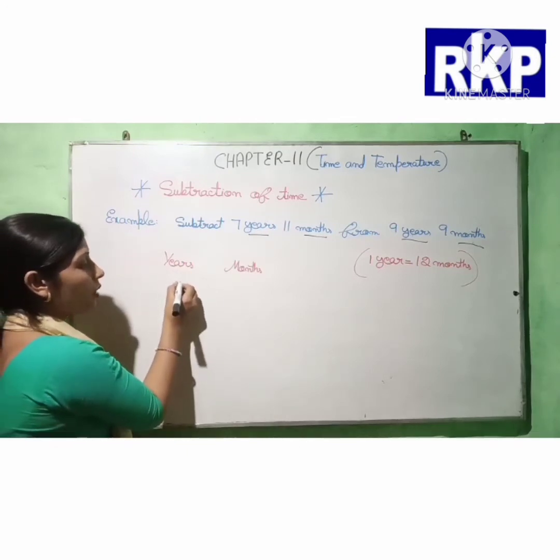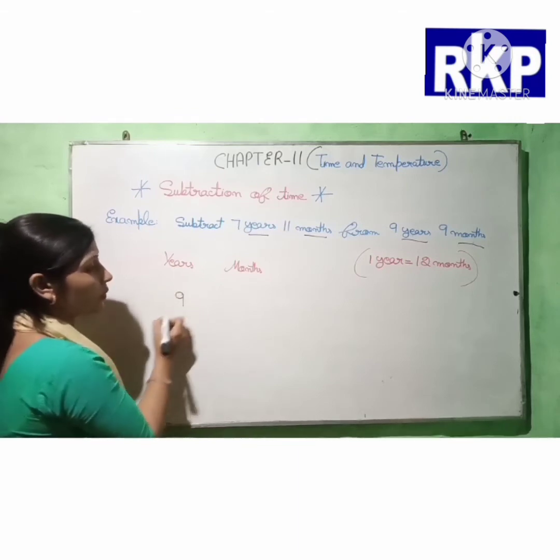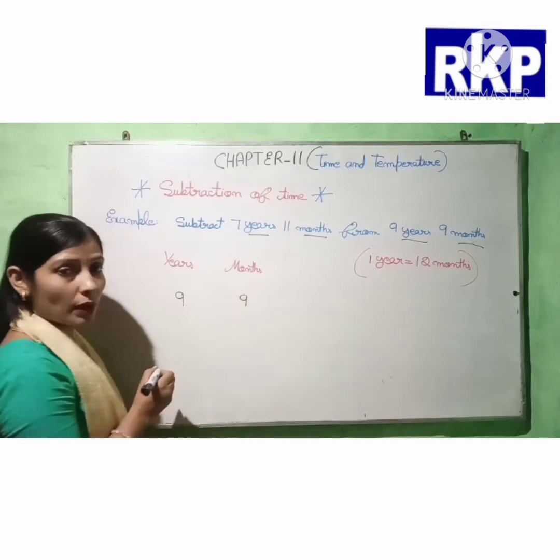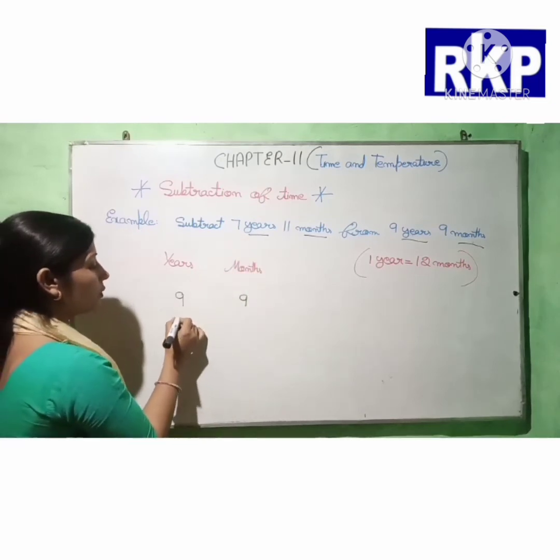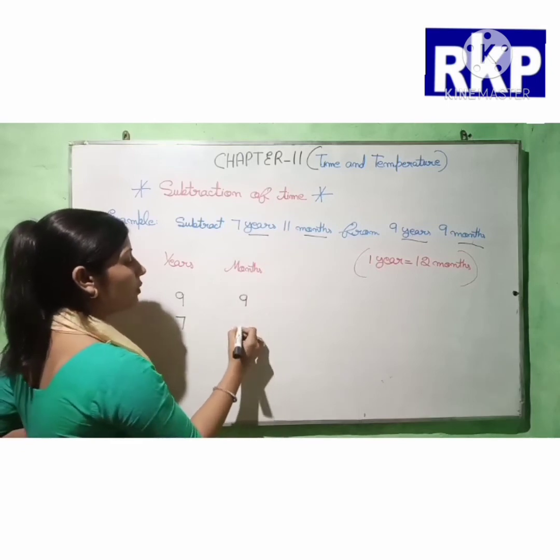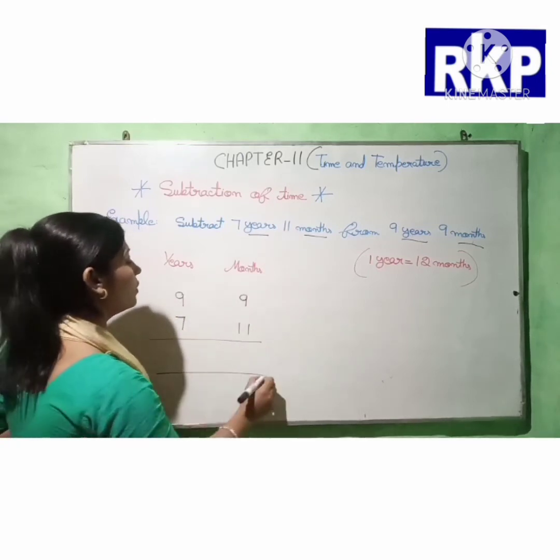So in this column we have to write 9. Okay. Here we have to write 9 years and 9 months. And now we have to write 7 years. And in this column we have to write 11. And now we have to subtract.